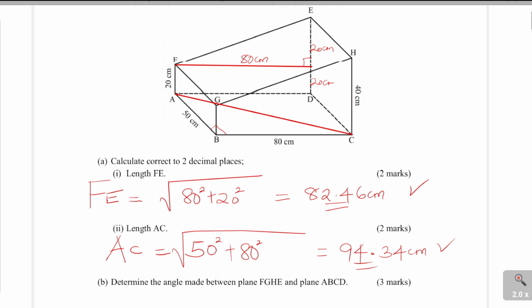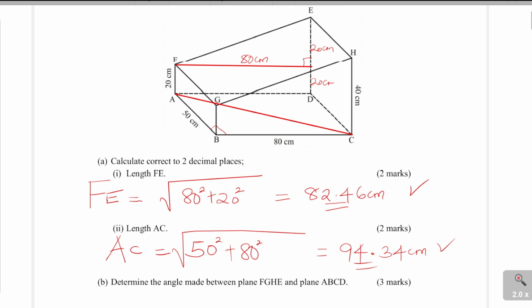So you have to translate one plane, and the plane we translate will be ABCD, so that it touches the other plane FGHE at the line FG.